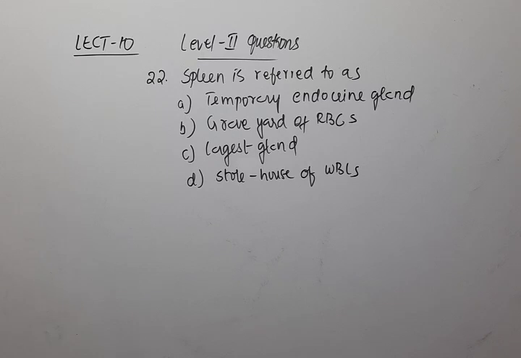Spleen is referred to as a temporary endocrine gland, graveyard of RBCs, the largest gland, or the store of WBCs.